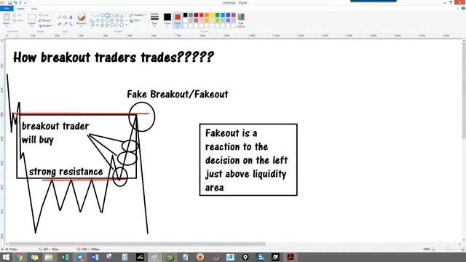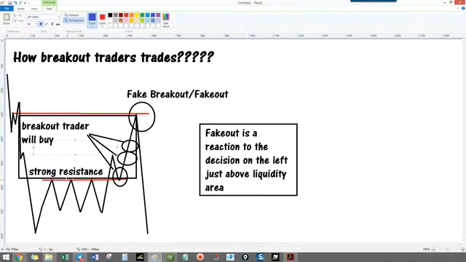What is liquidity? Liquidity is the stop loss of the SNR trader and the breakout trader's buy. So over here we got a lot of buy orders. The stop loss of the sellers here is also a buy order.